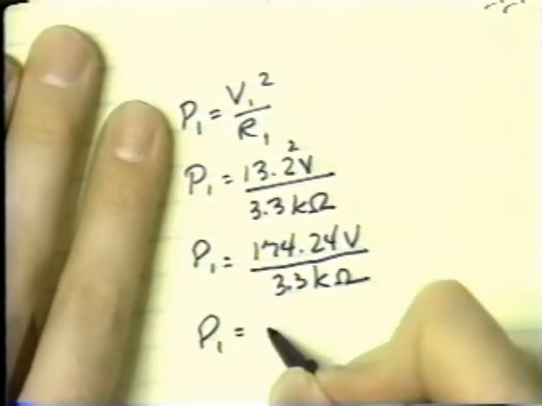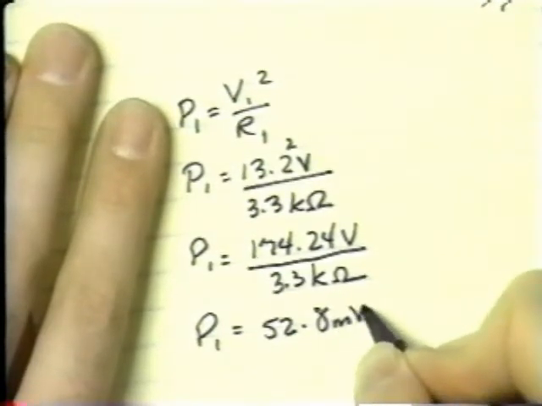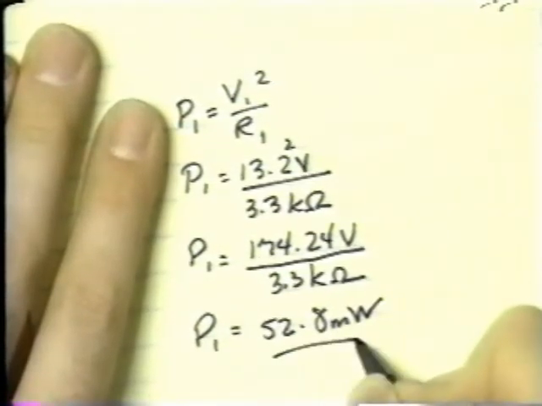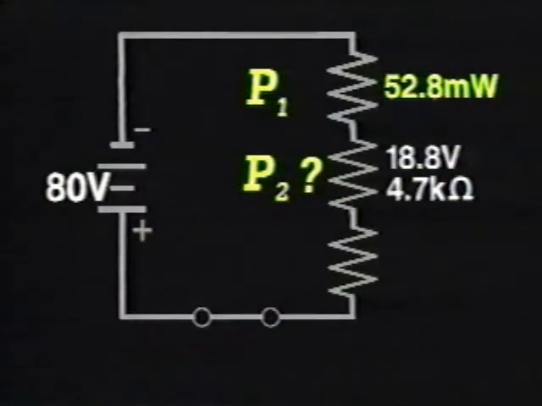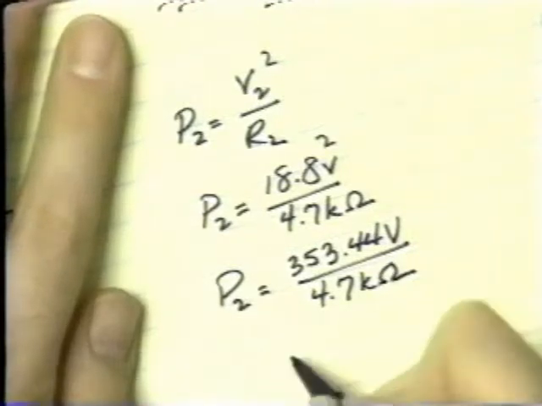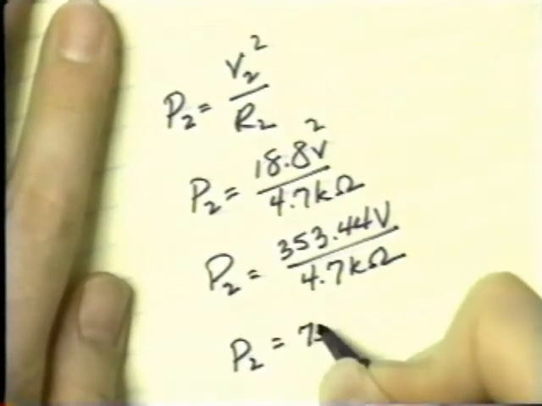or 174.24 volts divided by 3.3 kiloohms. This equals 52.8 milliwatts. P2 equals 18.8 volts squared divided by 4.7 kiloohms. V2 squared equals 353.44.